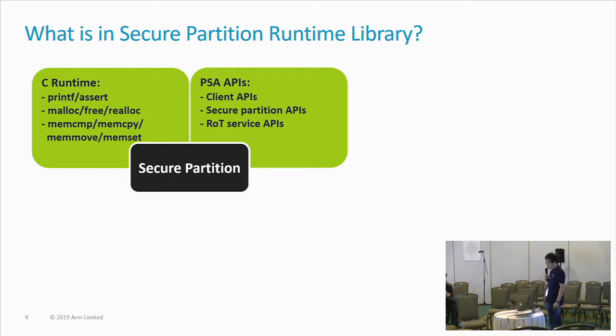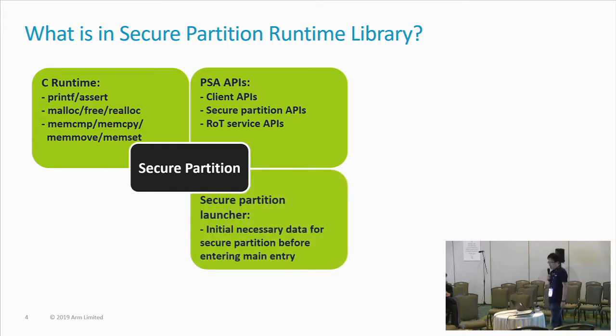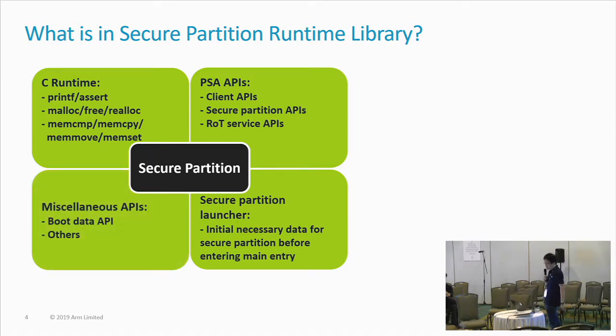The root service APIs are mainly used by application clients to apply for services from root services, for example, the APIs from secure storage and crypto. The third part is the secure partition launcher. It is mainly used to initialize the necessary data for the secure partition before entering its main entry. And the last part is miscellaneous APIs, which include the boot data API and some special SPM APIs.